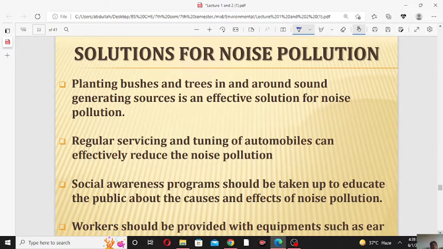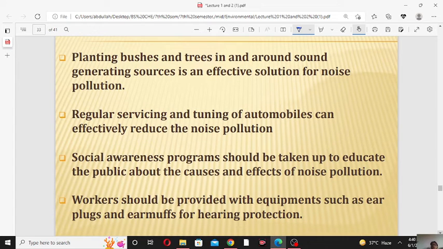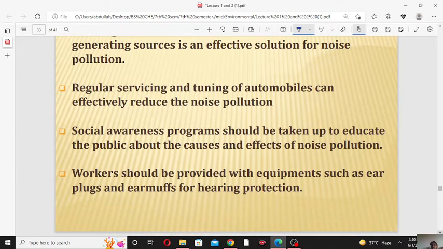So the second way to reduce noise pollution is the servicing of automobiles. Social awareness programs should be taken up to educate people about the cause and effect of noise pollution. So the third way is education.